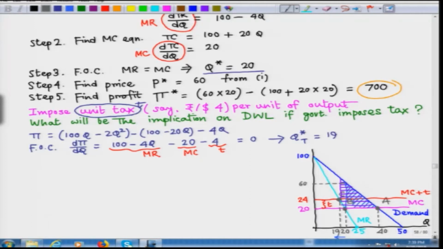Now, after the tax imposition, basically we have to move up from this point C and we have to read the price from the demand function, and if we do so then we get market price 62 which shall be charged by the monopolist, right. Okay. So, now we are ready to do our deadweight loss calculation.